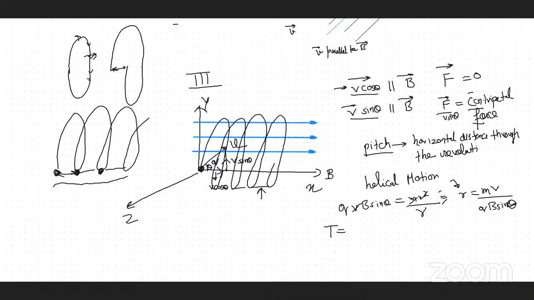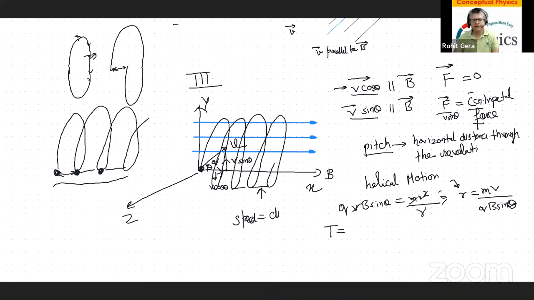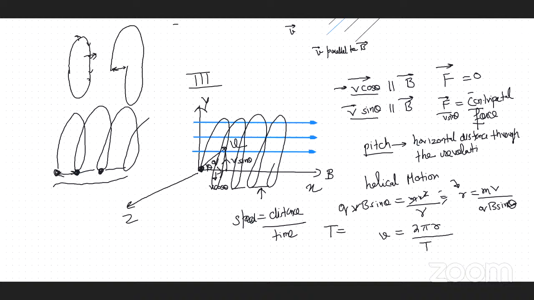So we know speed is equal to distance upon time. So speed we know is v. Distance is 2 pi r. Time is the time period for one revolution. Radius तो हमने निकाल ही लिया.